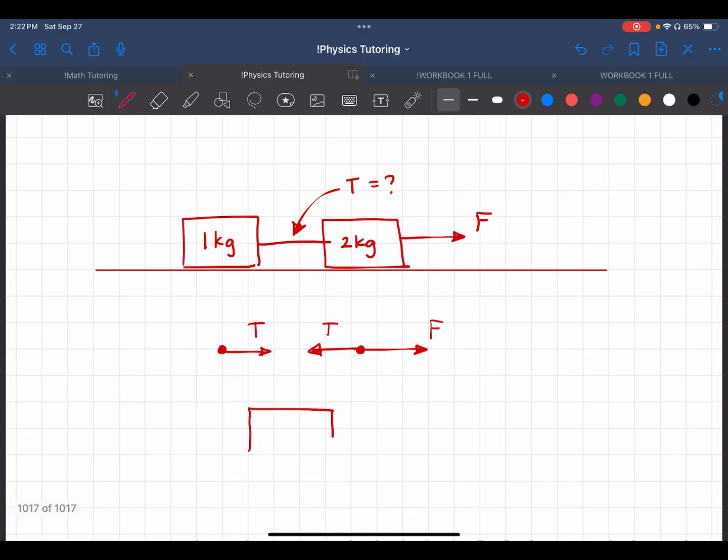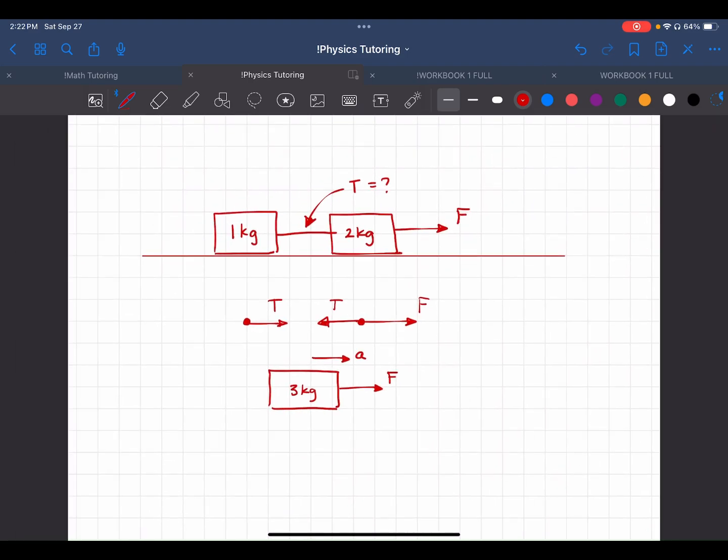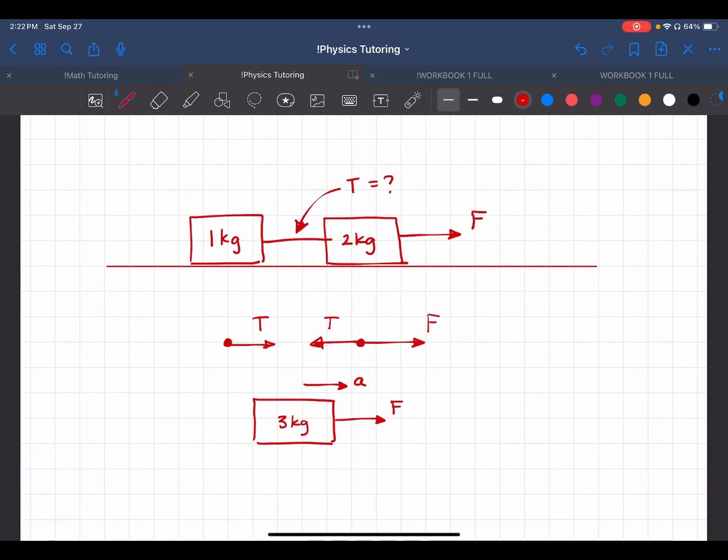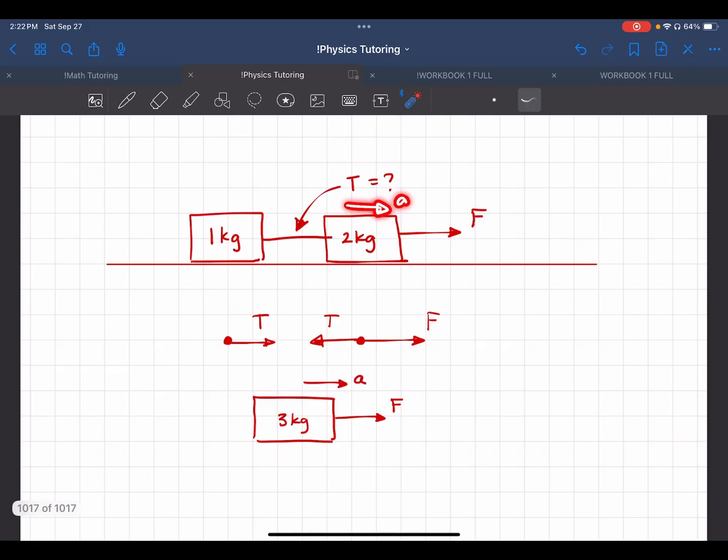Instead of 1 and 2 kilograms, treat them as one mass. Now that allows me to find the acceleration for the system. If I know the acceleration for the whole system, then I know the individual ones should move at that same rate, at that same A.